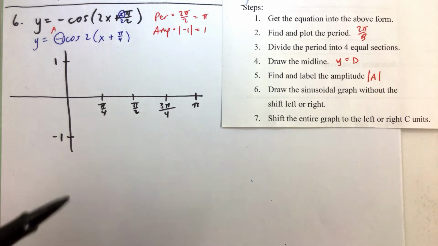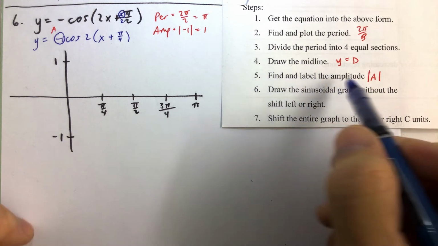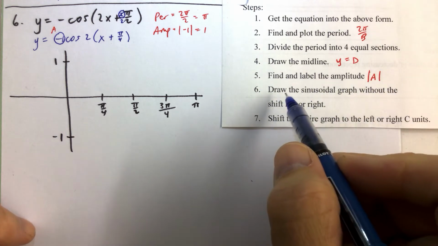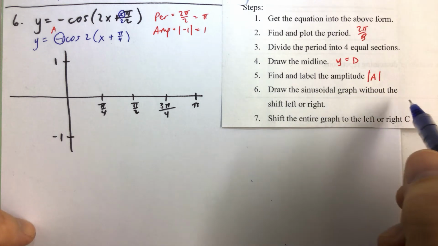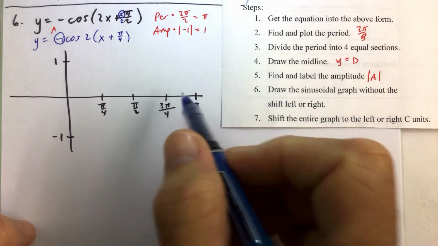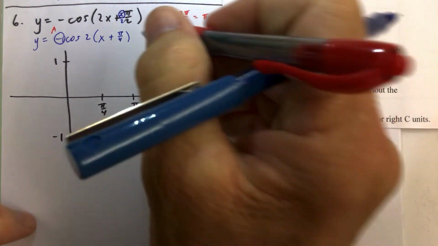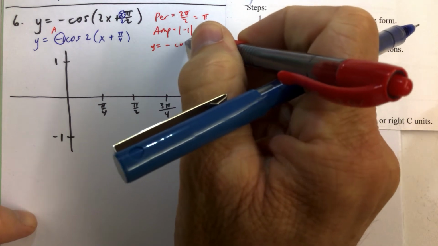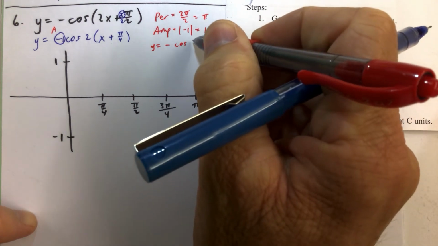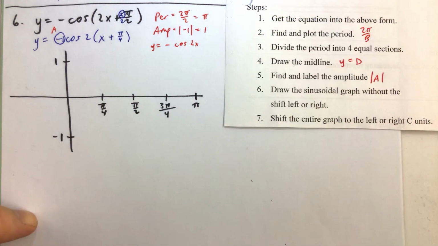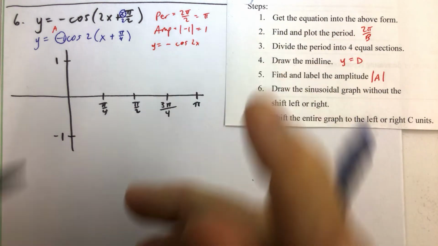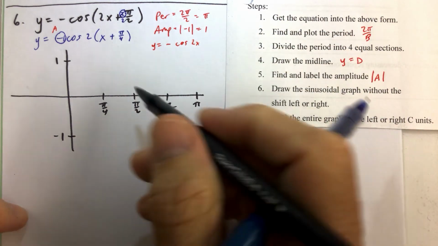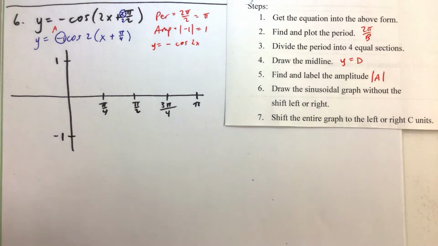Now we're going to come back to that a being negative when we draw the graph. So it says, after we find and label the amplitude, we want to draw the sinusoidal graph without the shift left or right. So we're going to be graphing y equals negative cosine of 2x. And the negative out there means that we're going to reflect cosine of 2x about the x-axis.